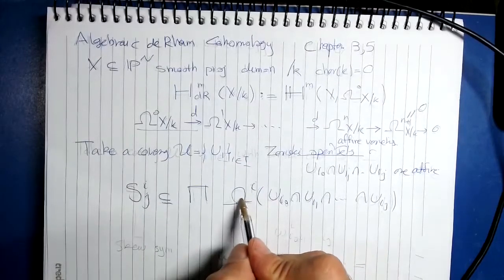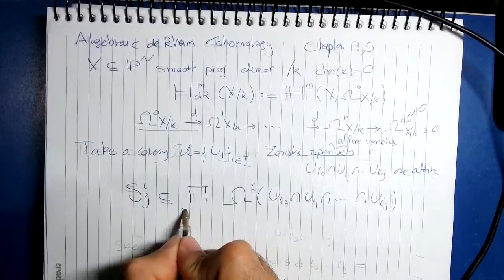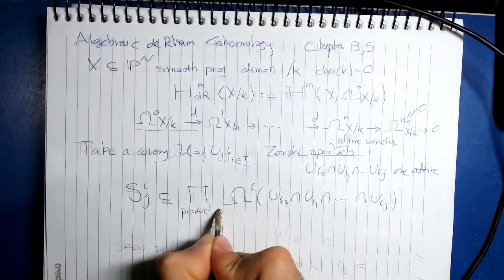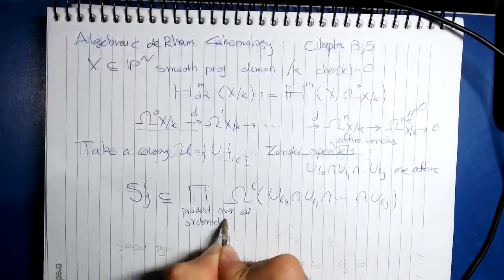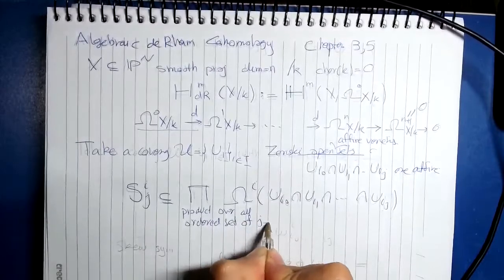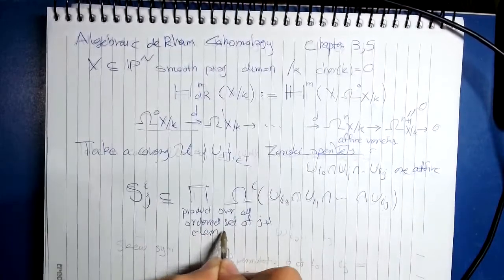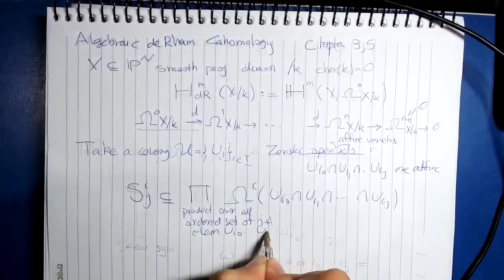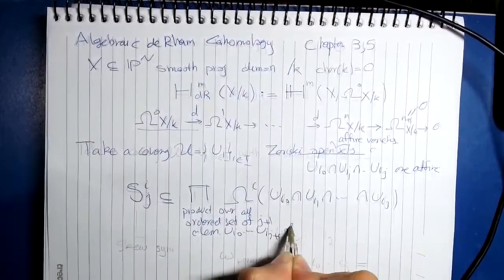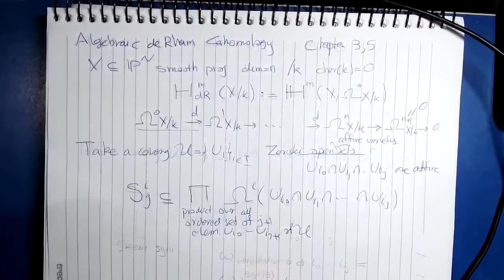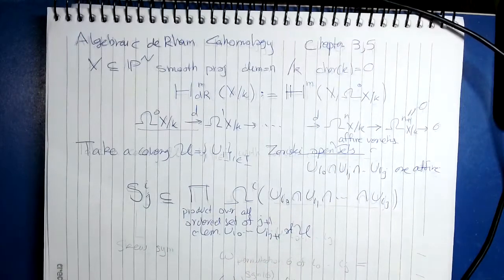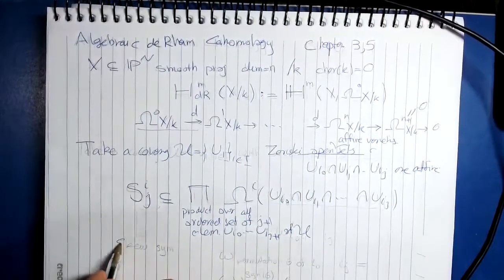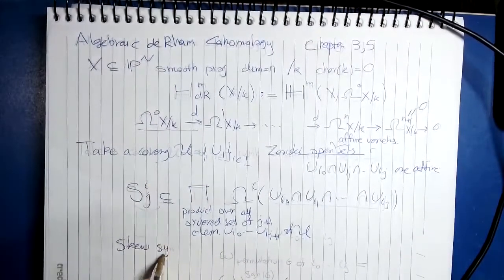This is the subset of the product over all ordered sets of j plus 1 elements, let's say U_i0, ..., U_ij of the covering U. So these will be differential i-forms in this intersection of j plus 1 affine varieties. And this subset is characterized by a skew symmetry property.